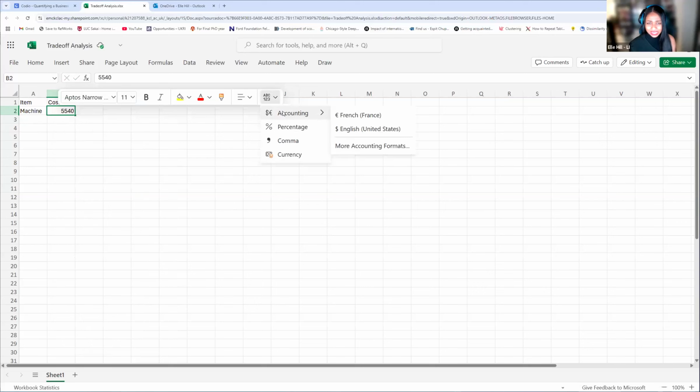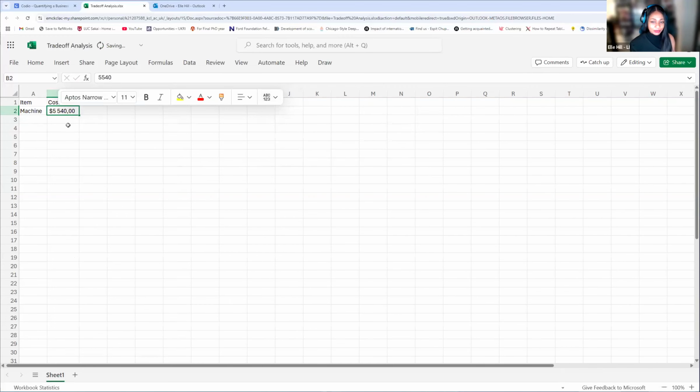Excel's pretty smart. It's saying, you're probably dealing with money here. Do you want it to be some type of dollar, or euros or pounds? Instead of typing the dollar sign, I can just click here and have it converted for me.